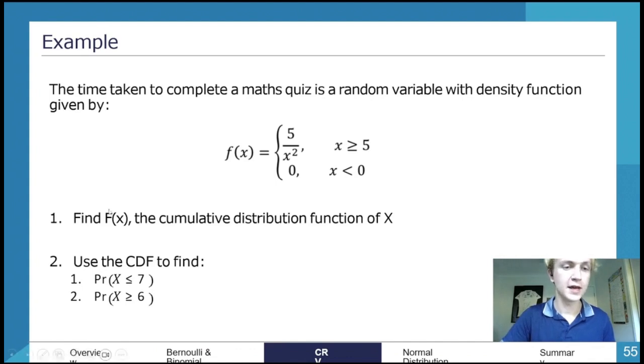Question 1 is asking us to find capital F of x, the cumulative distribution function of x. I will note that cumulative distribution function is CDF, as opposed to PDF for probability distribution function.